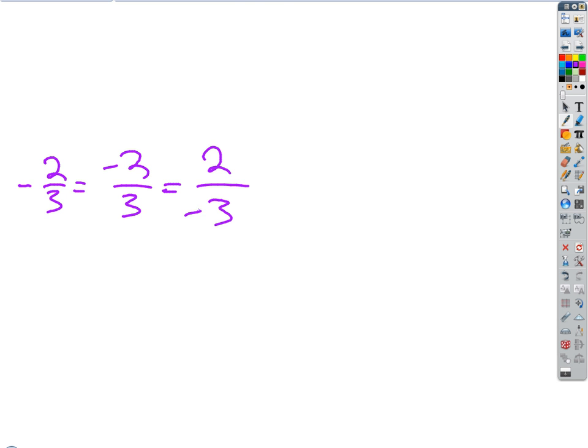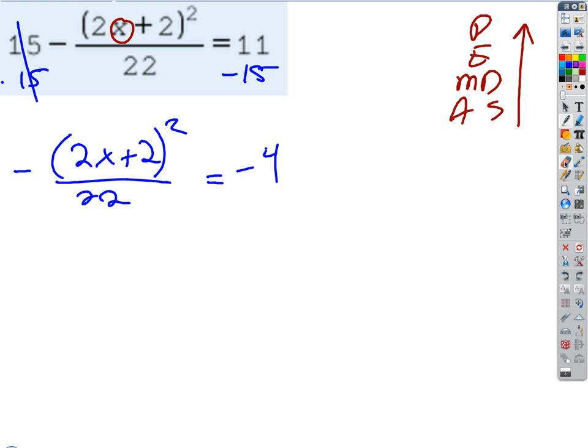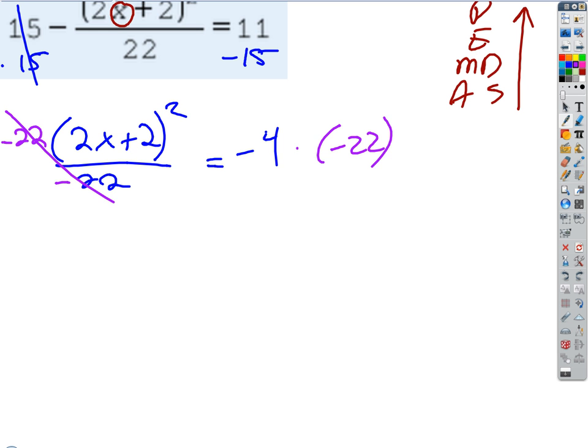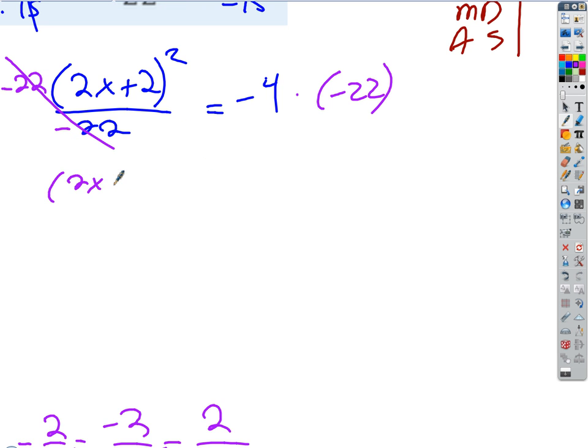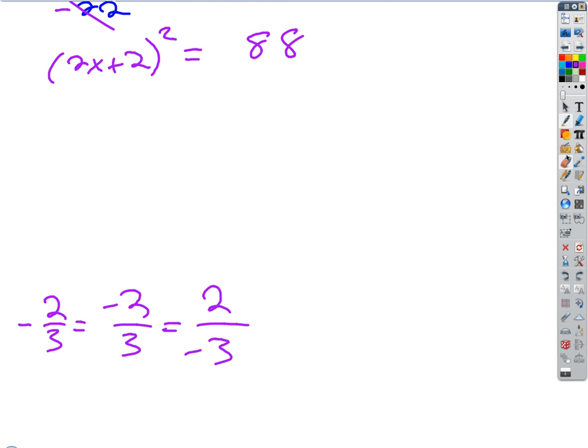So if we wanted to, we could just put this negative sign down there. Same thing. And just multiply both sides by negative 22. Okay, one step. Now we've got 2x plus 2 squared equals positive 88. What do we do? Square root. Good.